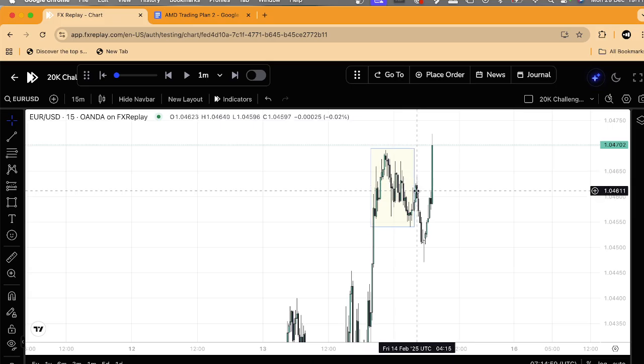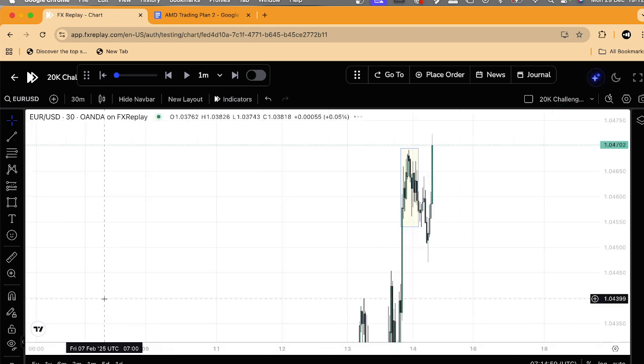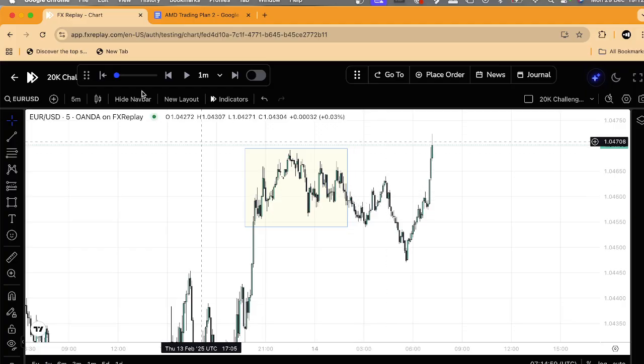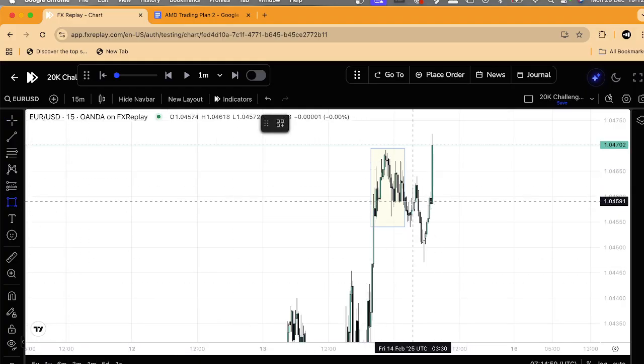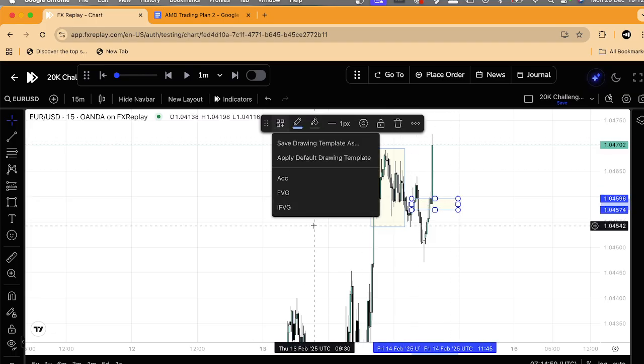And then your entry would be on the close of the iFVG. So for example, this one might have been tough to get in on. Probably say this 15-minute was the one, but that's not a strong closure, so I don't actually know if I took this trade or not.